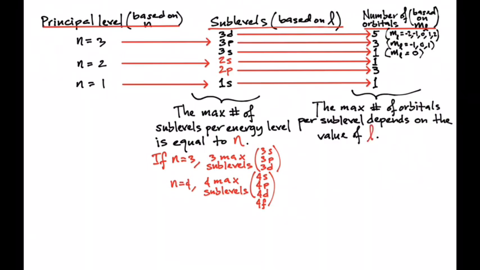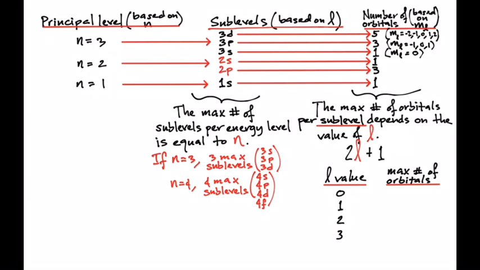The maximum number of orbitals per sublevel will depend on the value of L. And we can determine that by using this formula, 2L plus 1, where L is the angular momentum quantum number. And so if you have L equals 0, plug that into the equation 2L plus 1. 2 times 0 is 0, plus 1 equals 1. That means that for L equals 0, the maximum number of orbitals that can fit inside that sublevel is 1, only 1.